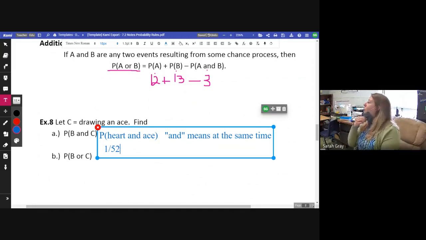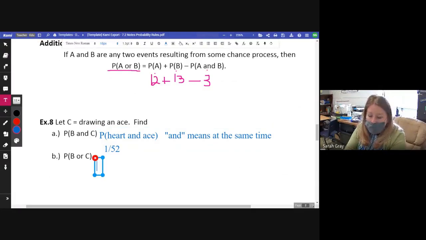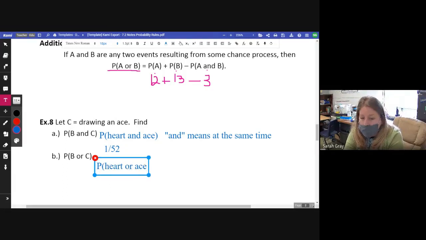You guys are all thinking "or." You only win if the card is a heart and an ace. Yes, correct. So next one is a heart or an ace. Wait.